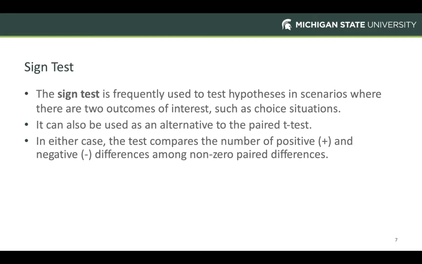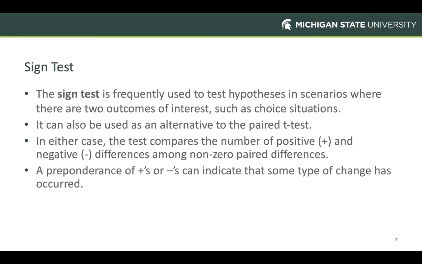Or in the case of paired data, we can look at the number of times that specific observations in the first sample are greater than its paired observation in the second sample, and vice versa for negative differences as well.